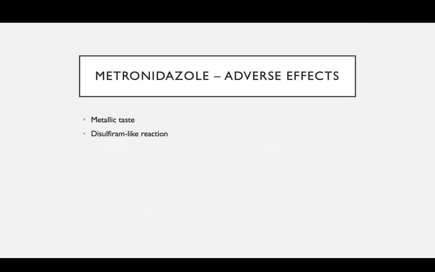Some of the adverse effects of metronidazole: it can cause metallic taste and disulfiram-like reactions. And so patients that are on metronidazole are told to abstain from any alcohol while on metronidazole and for several days after they complete the course of antibiotics.